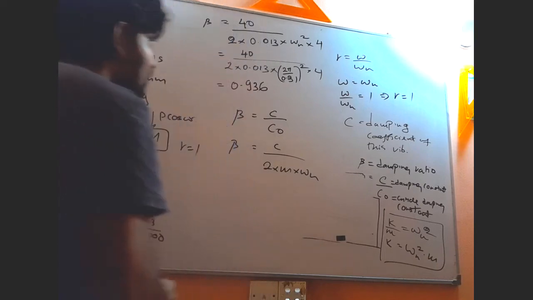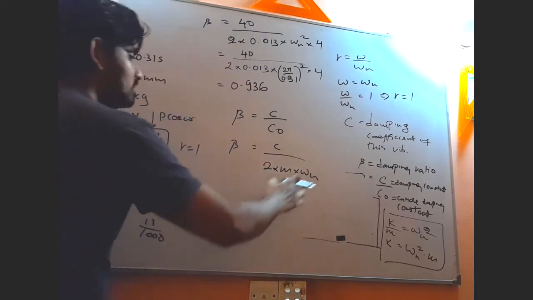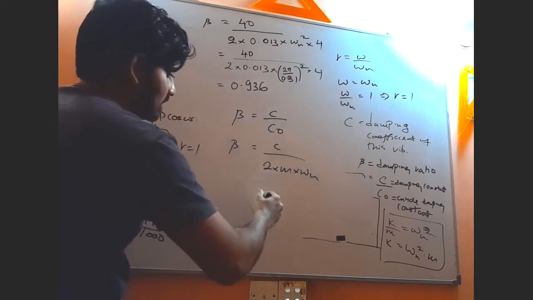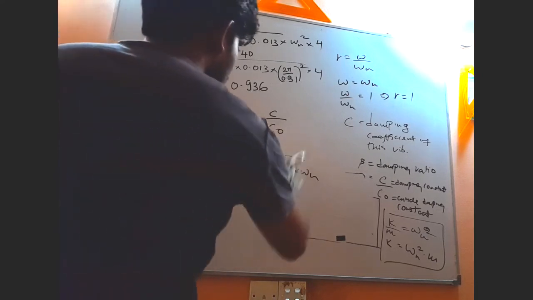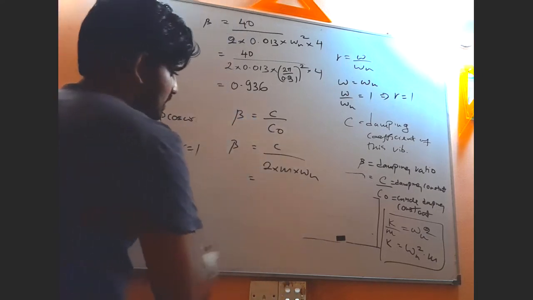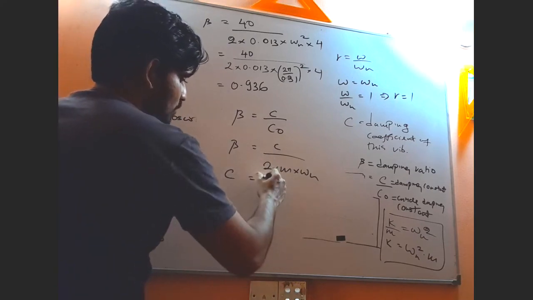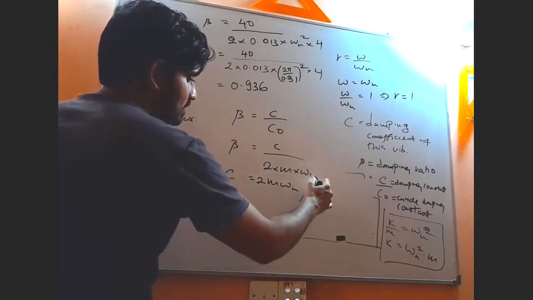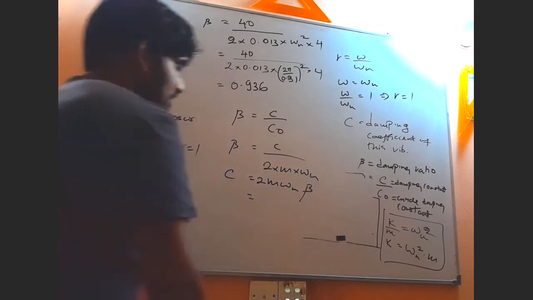That's very easy now. We could have originally substituted this equation over there, but it doesn't matter. So now we have to find C. C equals 2m omega n times beta. Beta you have already evaluated.